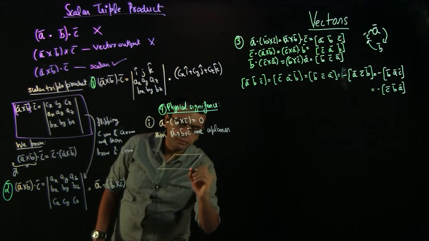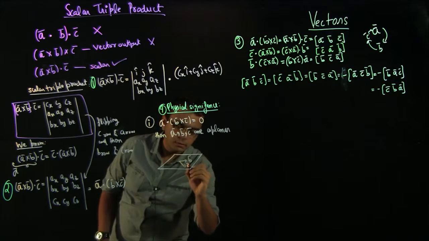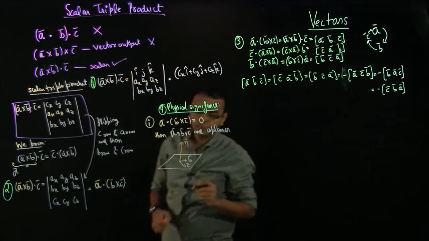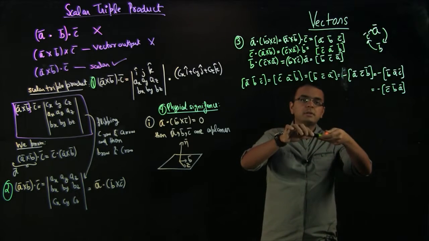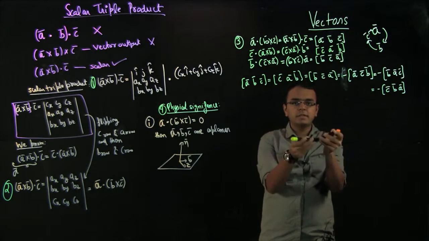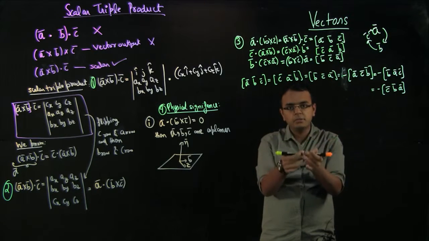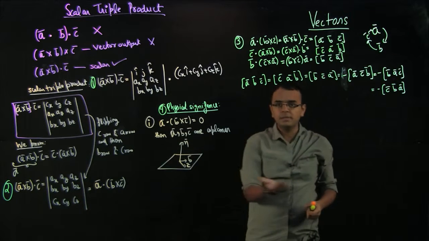What does this mean? So let us say you have two vectors B and C here, then B cross C. So two vectors are always coplanar. Okay, so if you have two vectors like this, then you can always pass a plane through them, right? So B and C are two vectors, and you pass a plane through them.